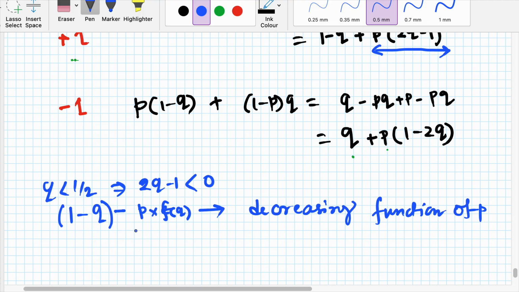So if p decreases, the probability of getting plus 1 rupee will increase. An individual who is VNM rational always wants the lottery in which getting plus 1 rupee is higher. So it will choose the p which gives it plus 1 rupee with maximum probability, and that means choosing according to the decreasing function.